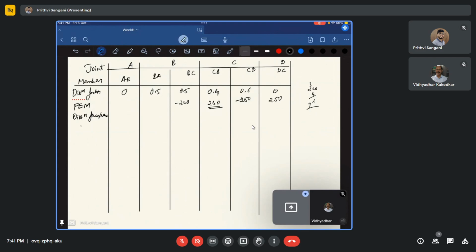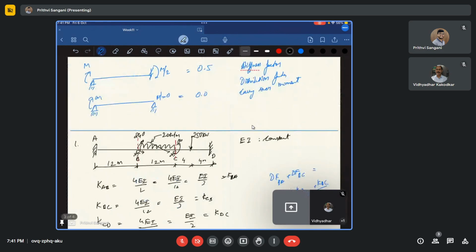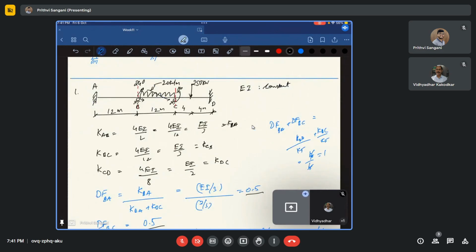So first let me go back. So we have this support B, we have support C. Okay, let us first see what is happening at the support B.